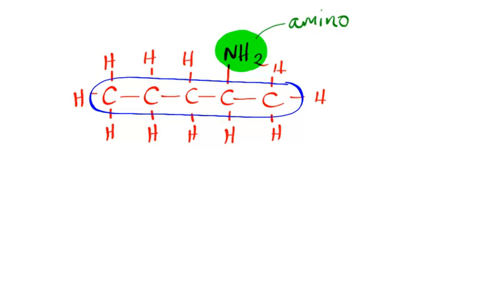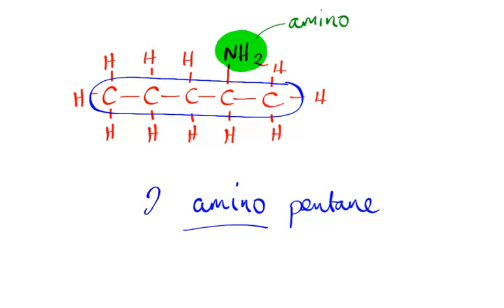As a substituent group, this is now on a 5-carbon chain, so we have amino pentane, and we need to say where the amino group is, and we can see it's on the 2nd carbon of the chain, so this could also be called 2-amino pentane.